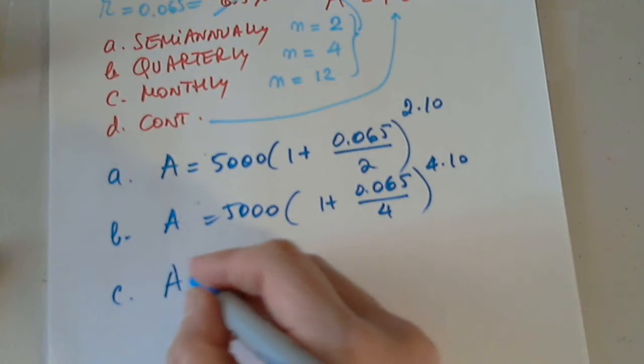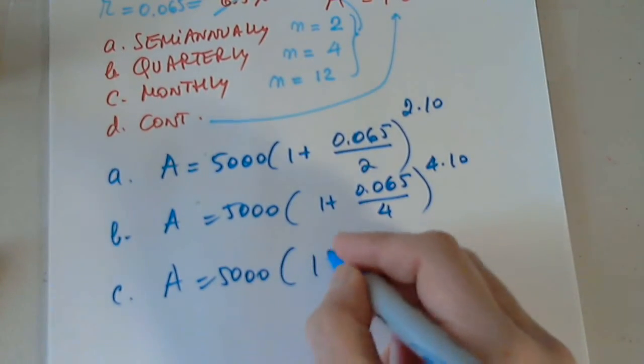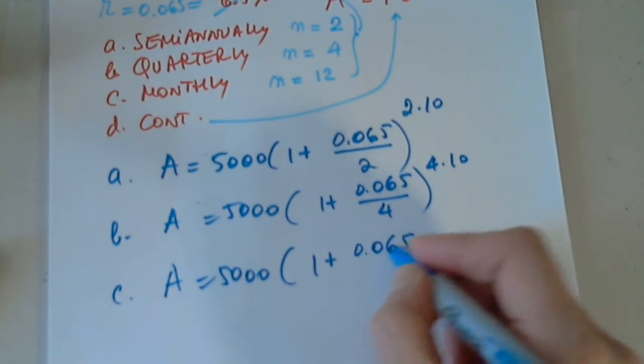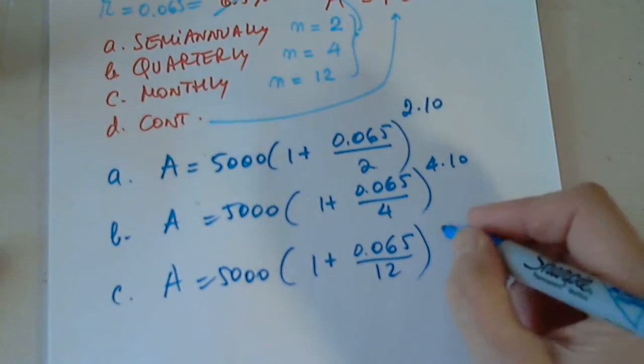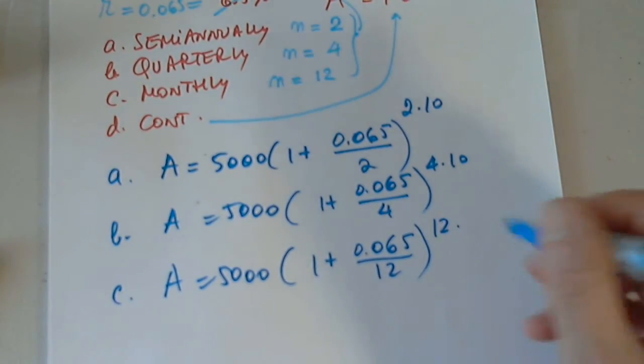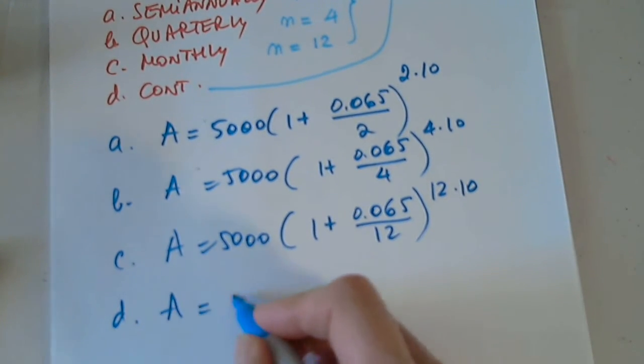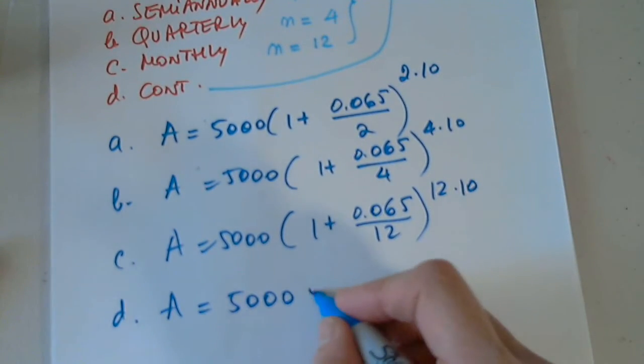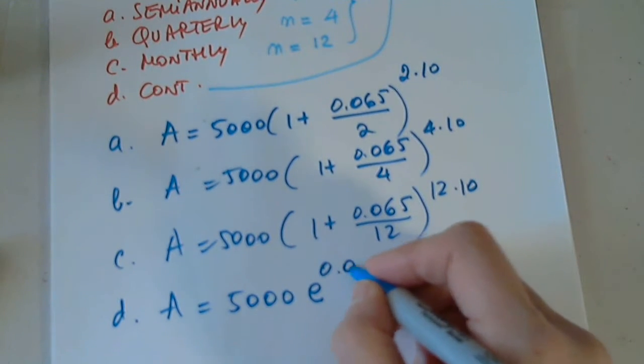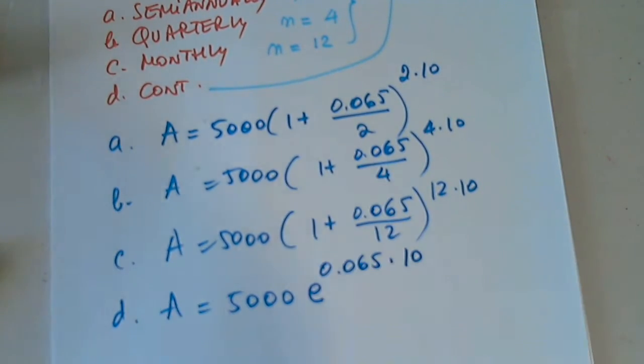Part C, A equals 5,000 times (1 plus 0.065 divided by 12) raised to 12 times 10. And part D is a totally different formula: 5,000 e to the rate 0.065 multiplied by 10.